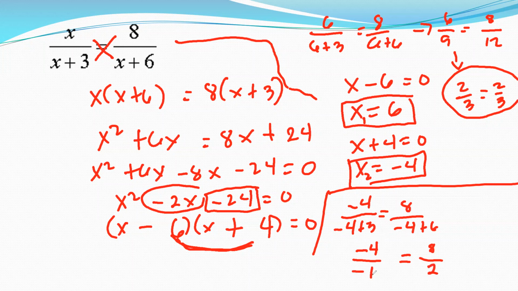Then negative 4 over negative 1 is positive 4. 8 over 2 is positive 4. 4 is equal to 4. Therefore, tama po yung ating solusyon na x is equal to negative 4. Okay? So, if this is the case, automatic, tandaan, pag quadratic, dalawa yung x's or yung solution natin doon sa ating rational equation.